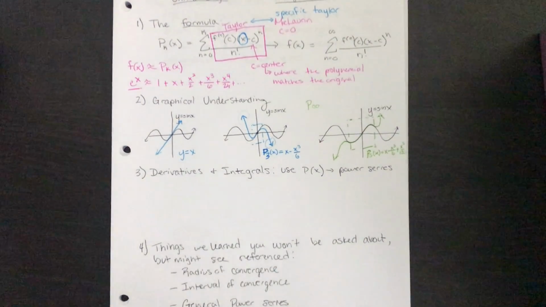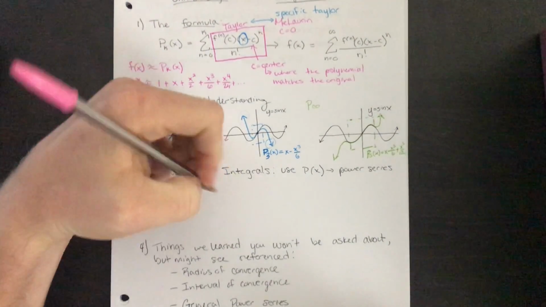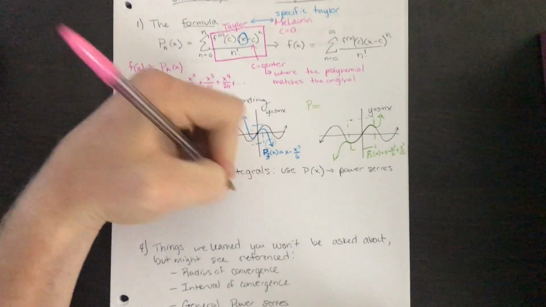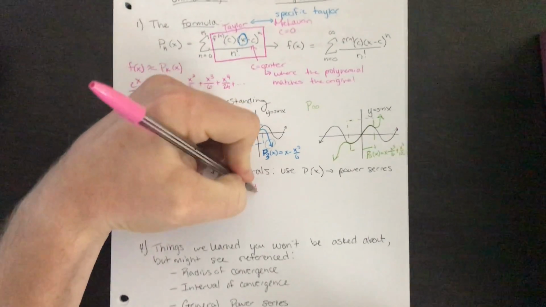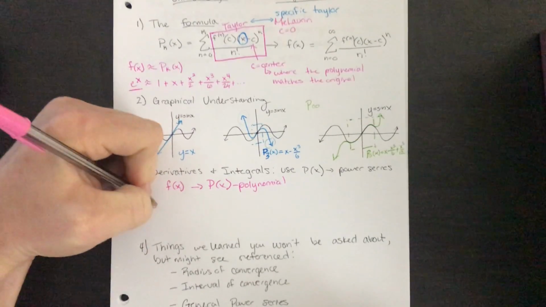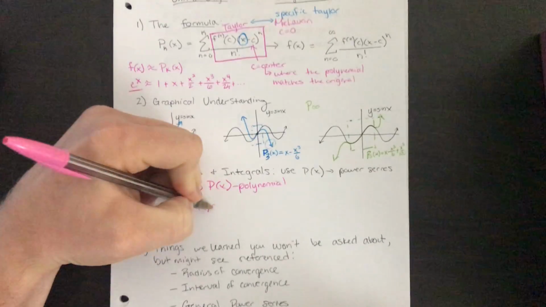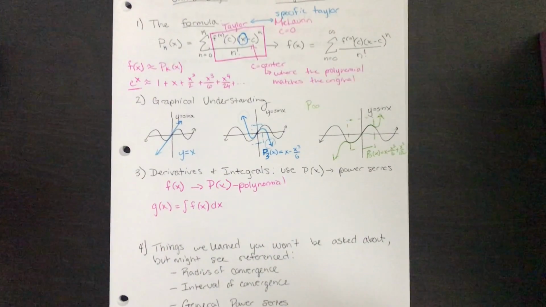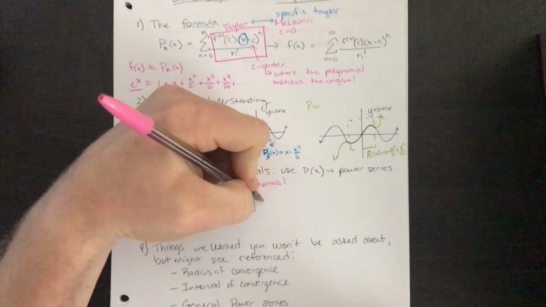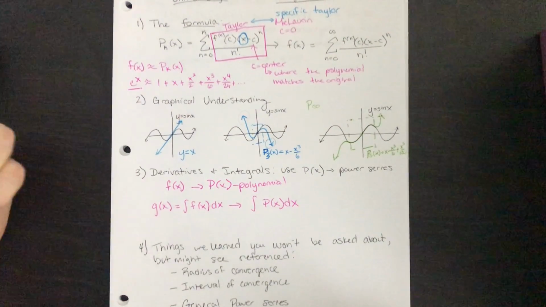So important thing to note is that if they're talking about some function f of x, and we're going to represent it with p of x, and then that p of x is some polynomial, if they ask us about, say, g of x, and they say g of x is the integral of f of x, then really the connection we can make is that we can just essentially integrate that power series, that polynomial.